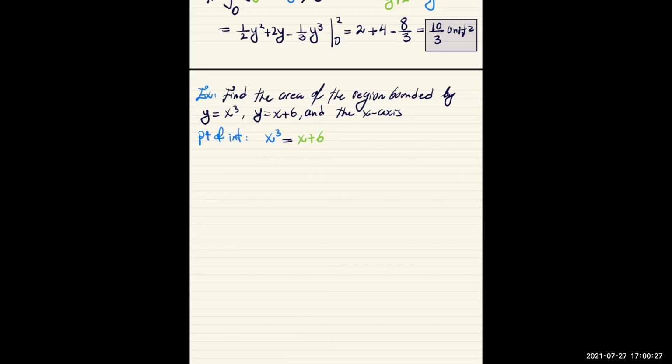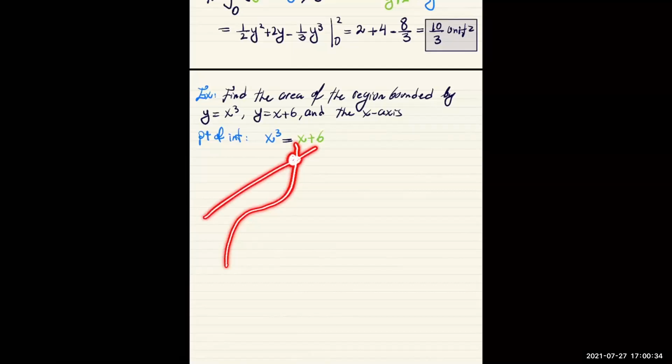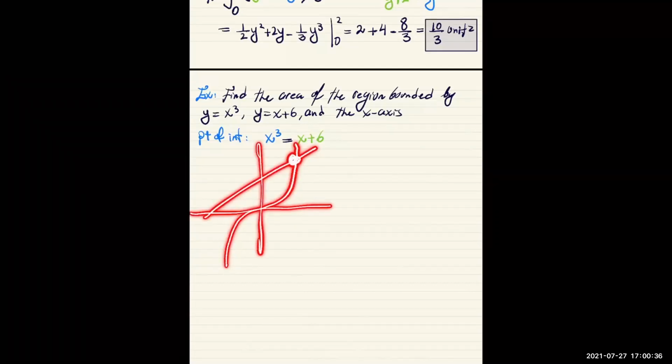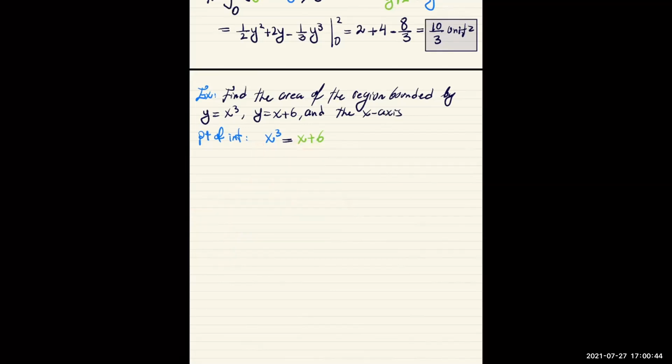So let's try. We know, the way this draws out, that my x has to be positive. This is a cubic graph, this is the line. The solution has to be positive. So try 1. 1 is not going to work, but 2 works. If I plug 2 here, 2 cubed is 8. 2 plus 6 is 8. So x is right away equal to 2 by inspection.